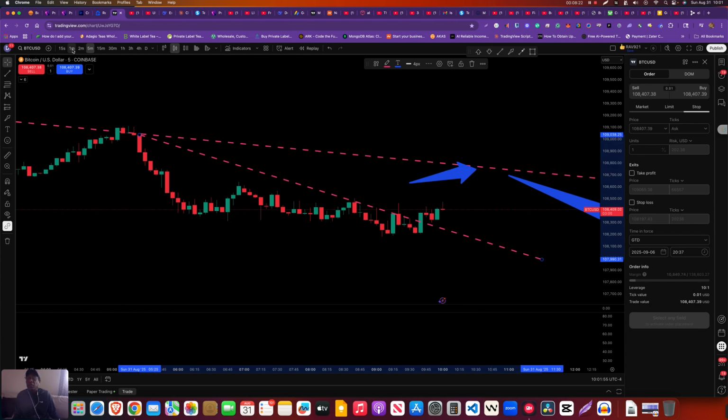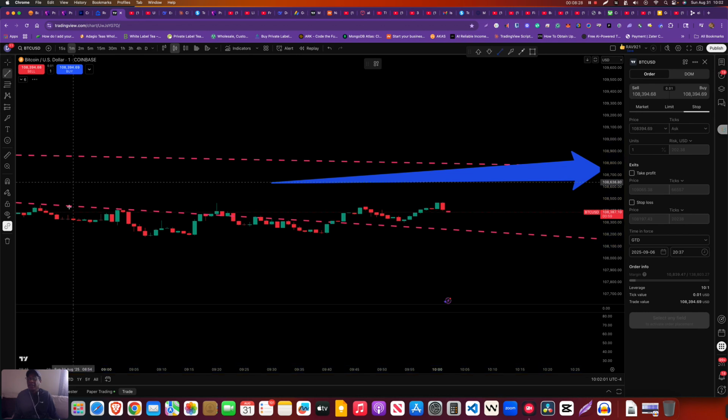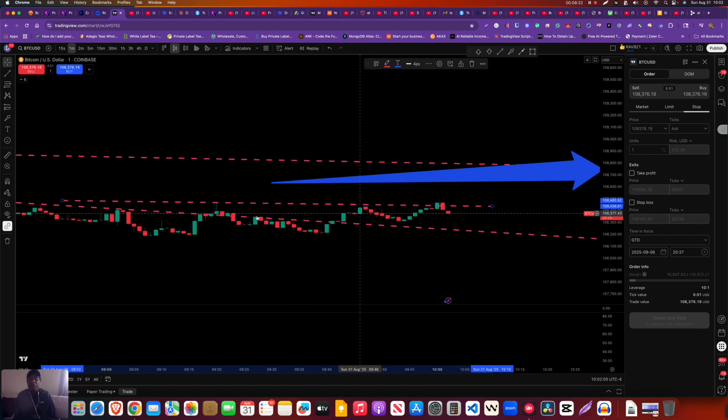If I go to the 1 minute, it looks flat. So we call this no trend because it's just relatively going straight. Don't try to trade when things are going straight. You want to trade when things are in an uptrend or a downtrend.